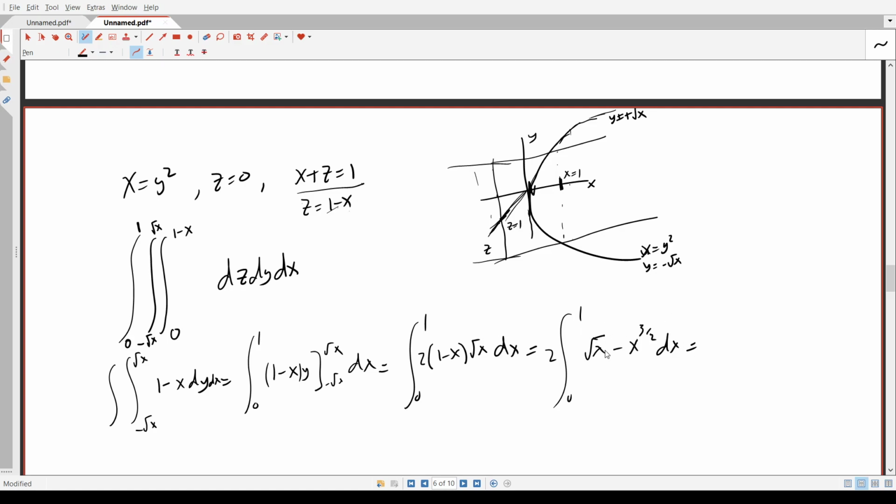And that gives me 2 times 2/3 minus 2/5, which is 2 times 10 minus 6 over 15.